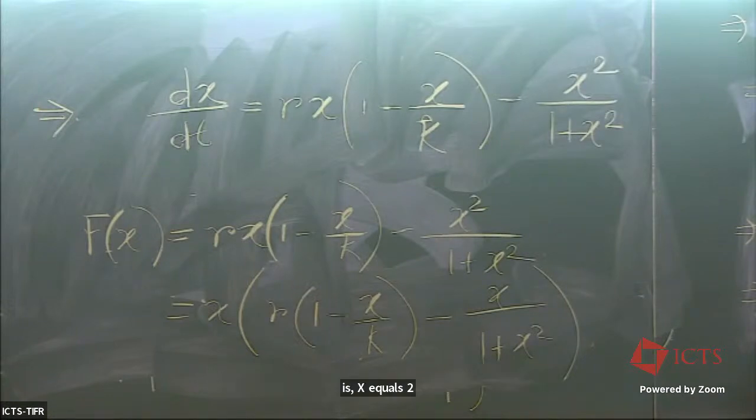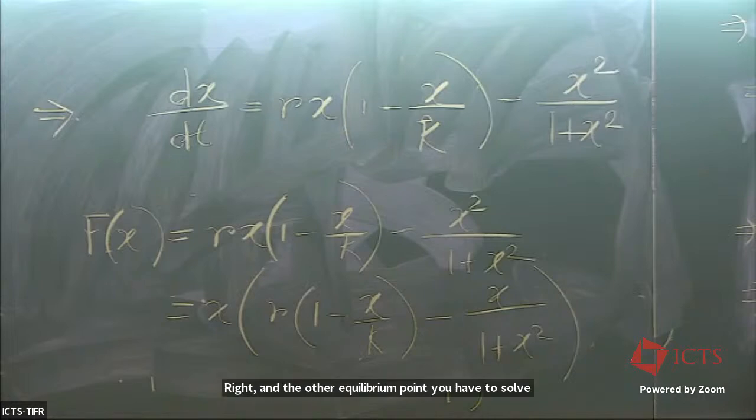The other equilibrium points you have to solve for, and that eventually gives a cubic equation. Can you solve that? If you cannot solve it, then how can we talk about the stability of the equilibrium points that come from that nonlinear part?